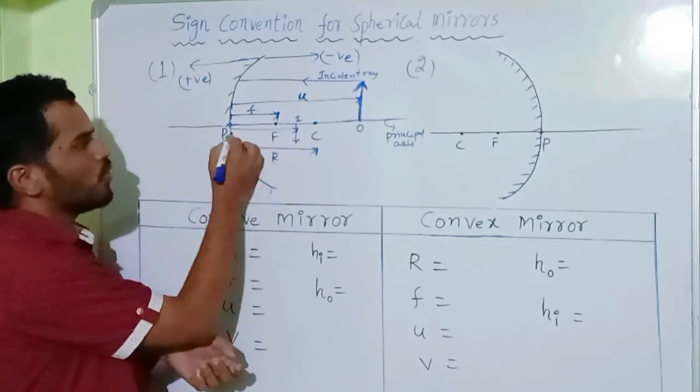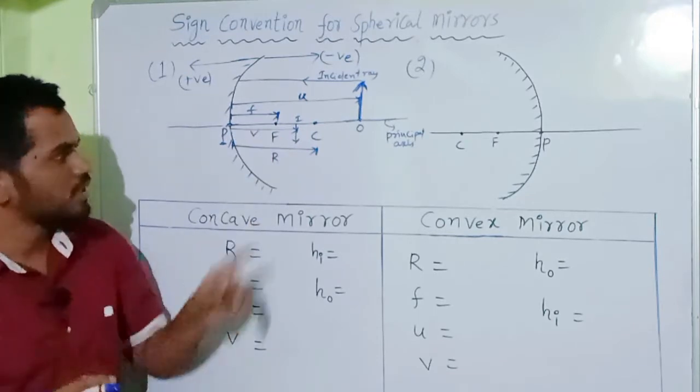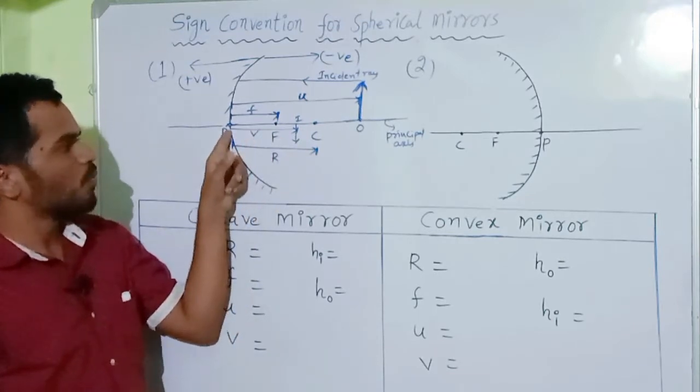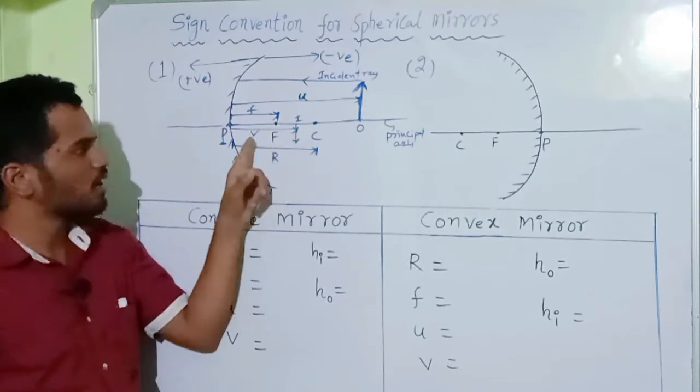The distance from pole to image is called the image distance, V.